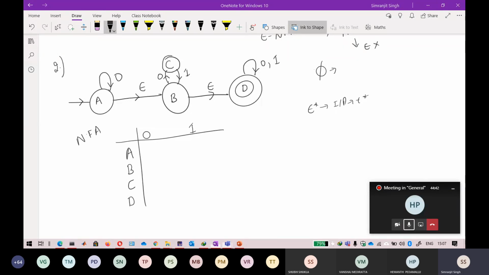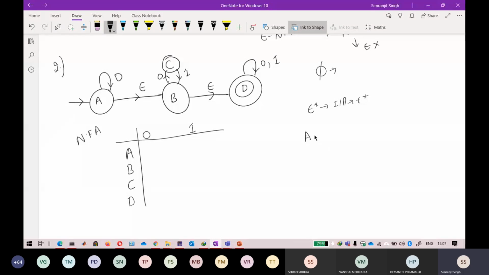Okay, so if I go with this a on getting epsilon star here, what is the epsilon star? Meaning epsilon closure of a is a itself. After that it can reach b. After that it can reach d also. Okay, so I think you cannot reach c on getting an input as epsilon. So these three will be your set, and after that you have to input 0 here.